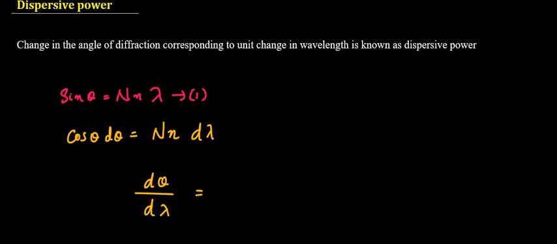Taking d lambda to this side, we get d theta by d lambda is equal to capital N small n divided by cos theta.